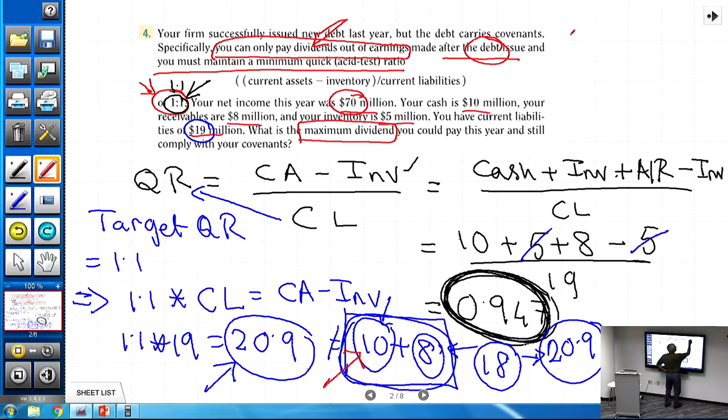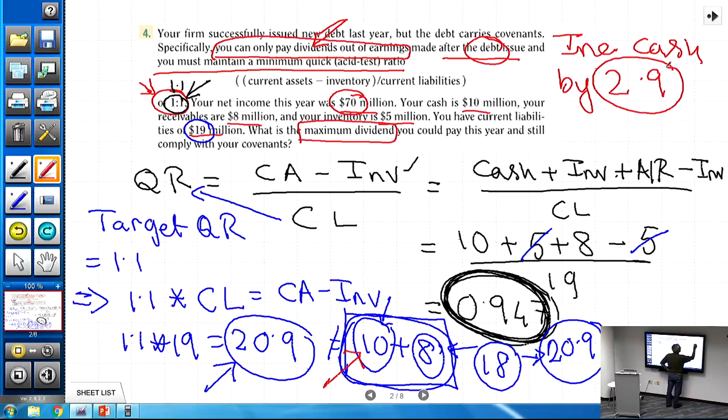That means I have to increase cash by 2.9 million. So if I increase cash by 2.9 million, then the dividends that are left would be 70 minus 2.9, which would be 67.1. That will be my dividends that's left.